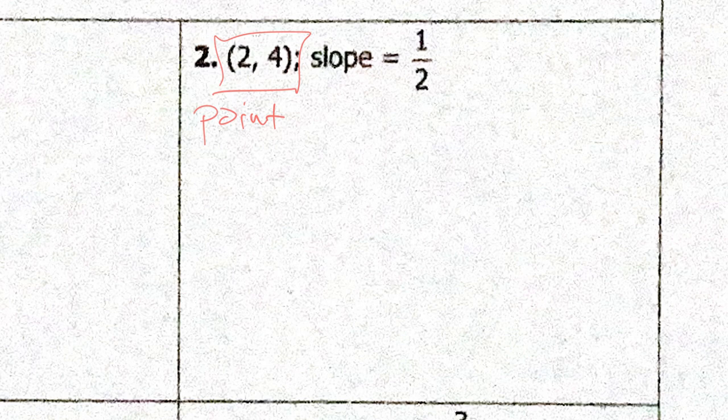So (2, 4) is a point, and of course, they gave you a slope of 1/2. Okay, so here was our point slope form. Let me jot it down. You might jot it down one more time as well. Y minus y sub 1 equals m, which is our slope, times x minus x sub 1.